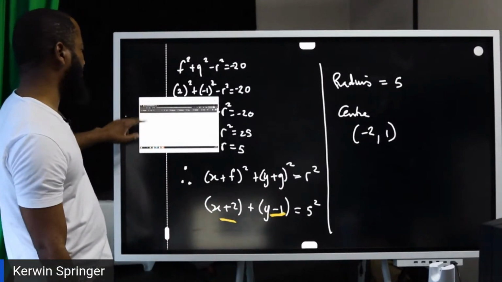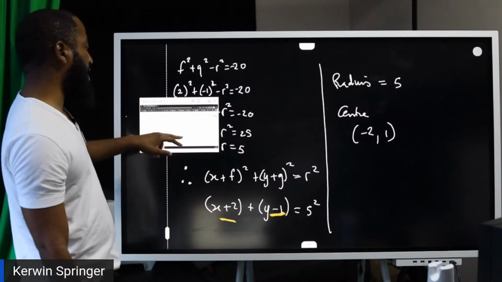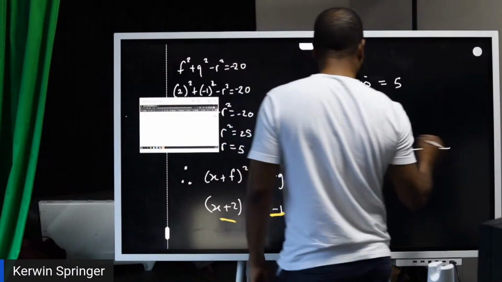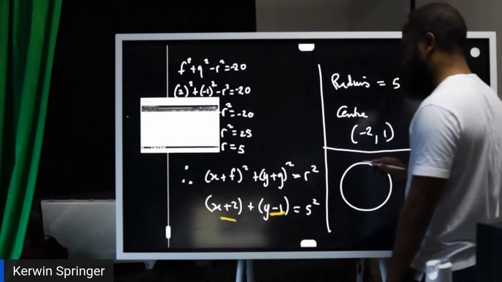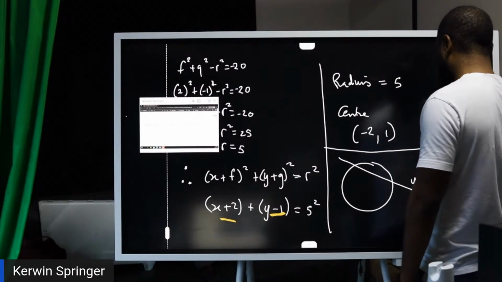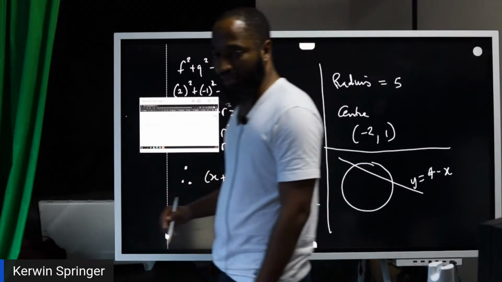I'll be back. Or determine the points of intersection of the circle and the line y is equal to 4 minus x. So you had a circle, and the line y equals 4 minus x passes through the circle, and they want you to find the points of intersection.